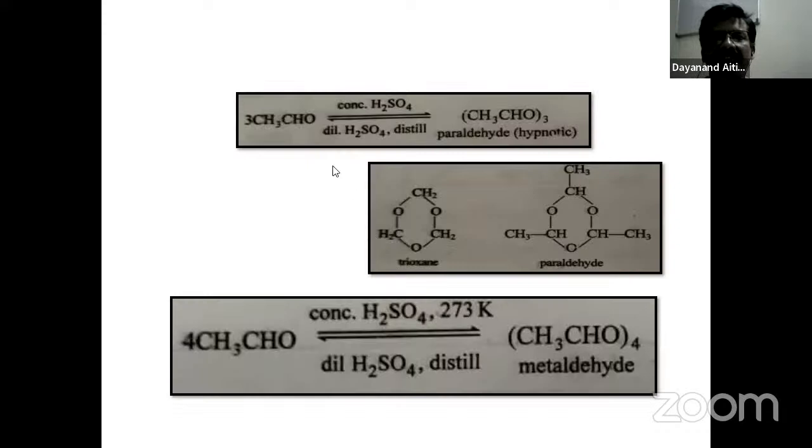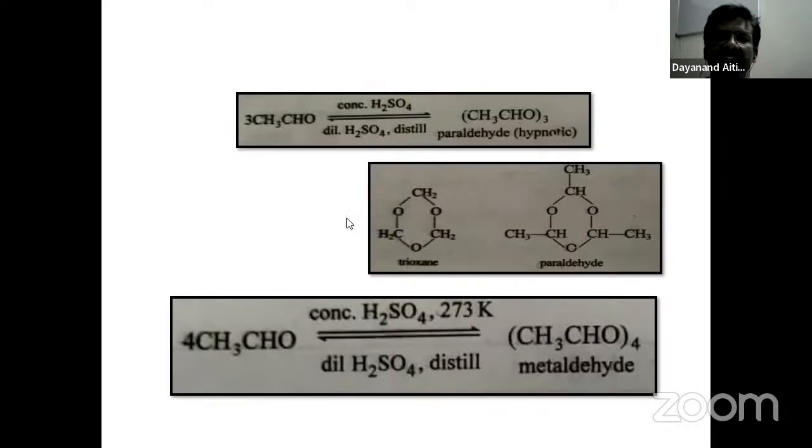Trioxymethylene or metaformaldehyde is formed at room temperature. Paraldehyde has a 6-membered ring. This is called paraldehyde. Paraldehyde is formed from acetaldehyde, whereas metaldehyde forms at 273 Kelvin, which means 0 degrees centigrade.